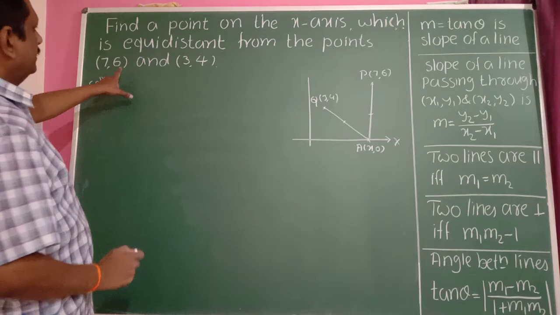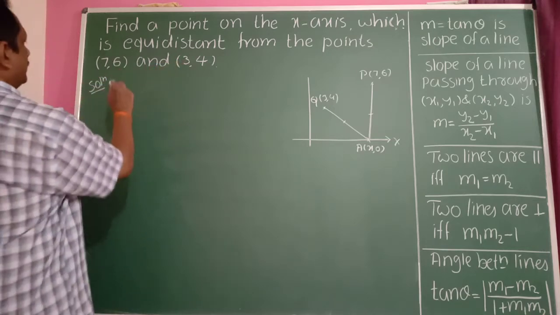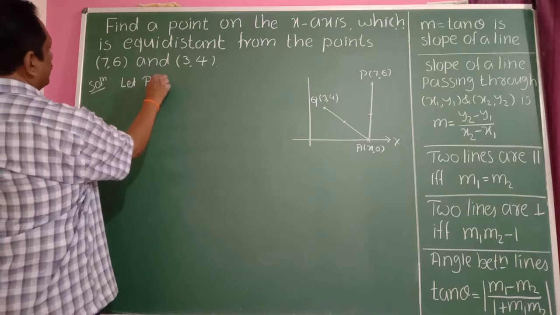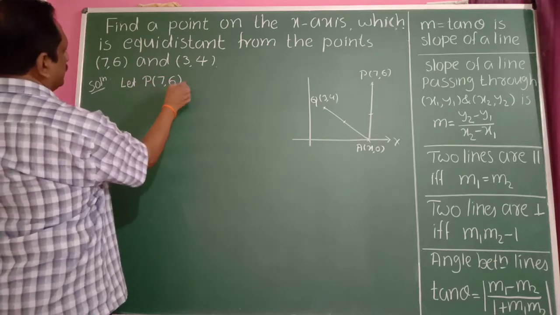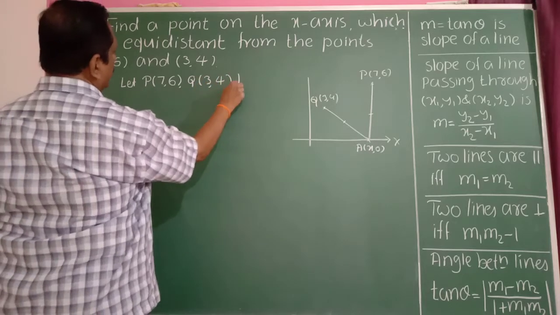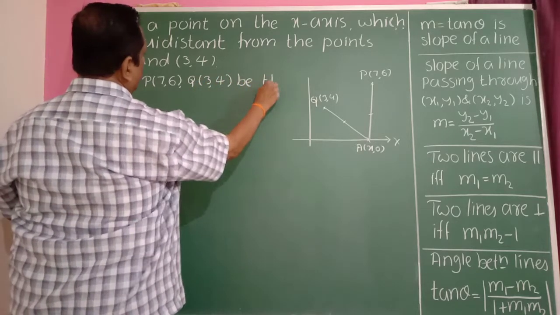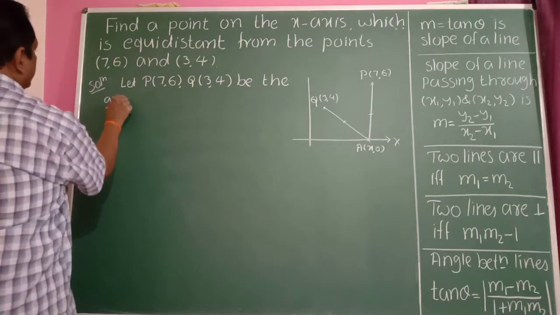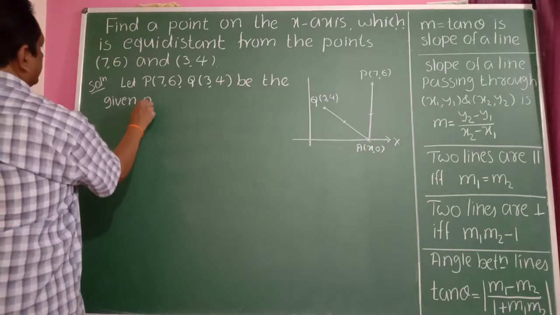So consider these 2 points are P and Q. Let P(7, 6) and Q(3, 4) be the given points.